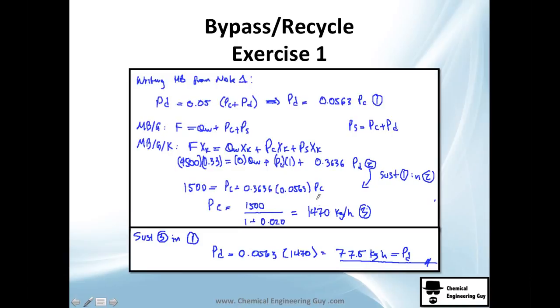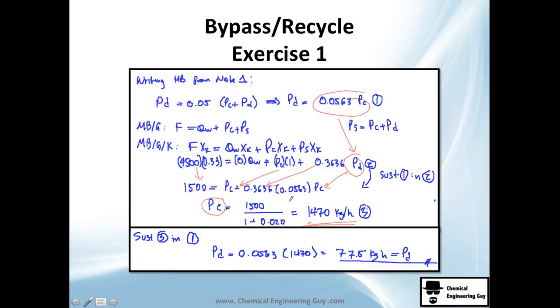Let me just do this. We have this and 0 and here, and PD is equal to PC. Nice. We just have one equation with one unknown, solve for PC, and you get this value. Good, we have PC. Actually, you could go for more, but let's do this.